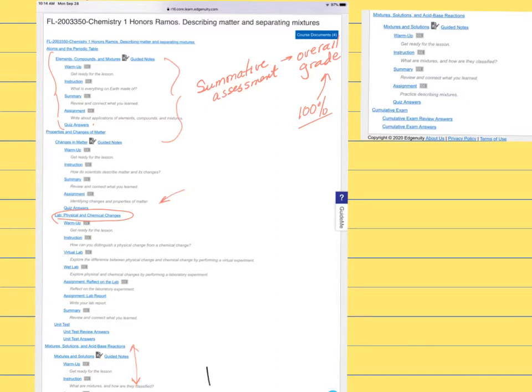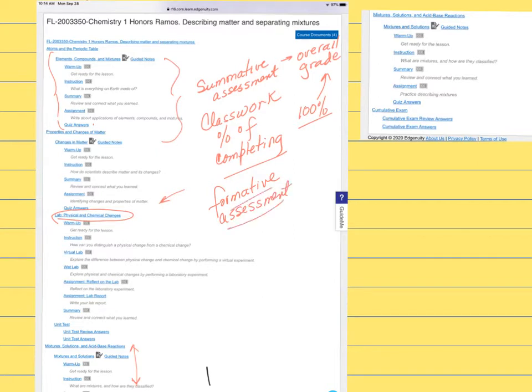Okay, a summative, and you're going to have your classwork grade for your percent of completion. You're going to get a formative assessment grade for the lab report; I'm going to create this assignment in Google Classroom.